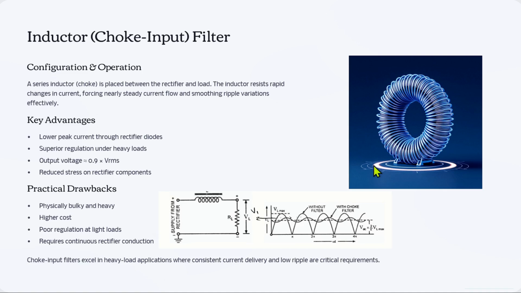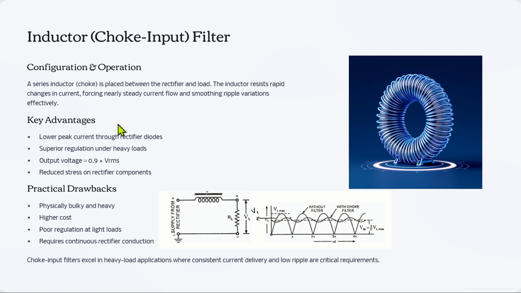So let's move ahead. The first one is the inductor filter. An inductor filter is simply an inductor connected in series with the load. Because inductors reject sudden changes in current, the ripple currents get suppressed while DC flows easily.